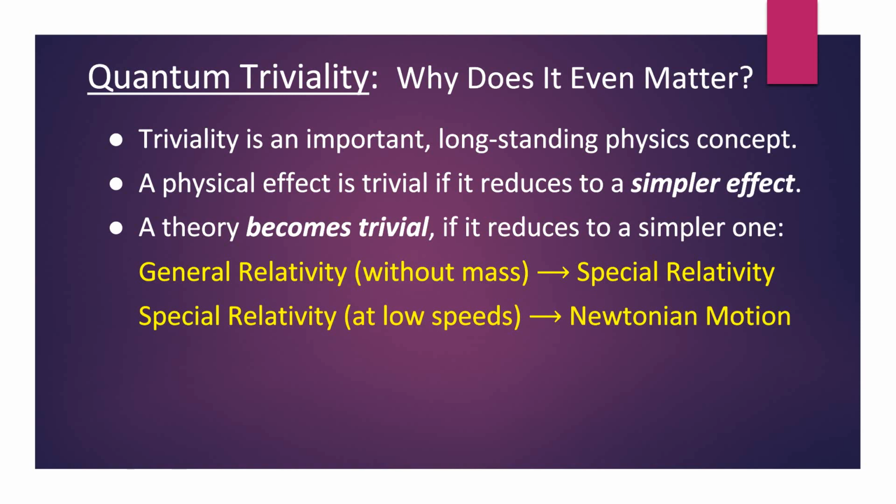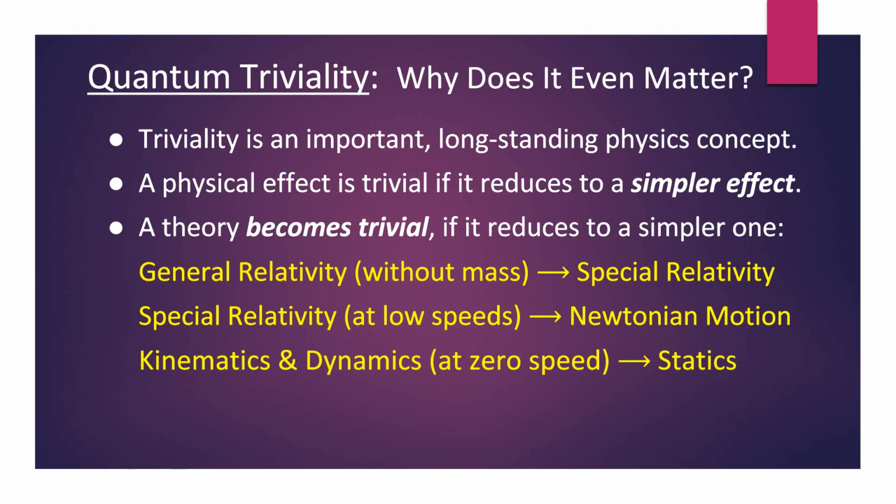And special relativity for objects traveling at low speeds, much smaller than the speed of light, reduces to Newtonian motion, Newton's three laws. And if you've taken introductory physics and studied kinematics or dynamics, theories of motion, you can even imagine that at zero speed, these theories of motion also become trivial. Motion stops and they reduce to what is known as statics instead.